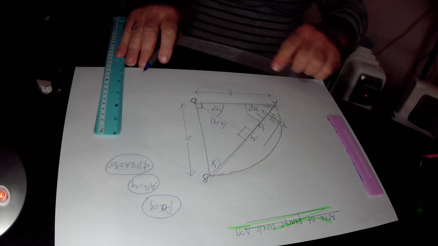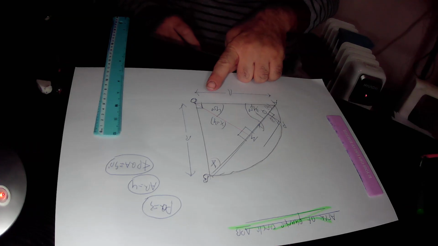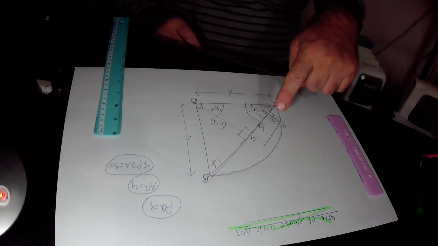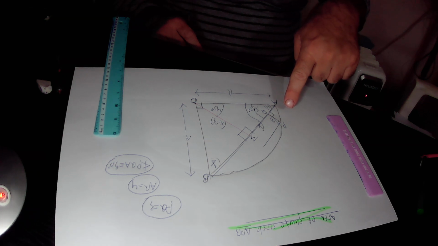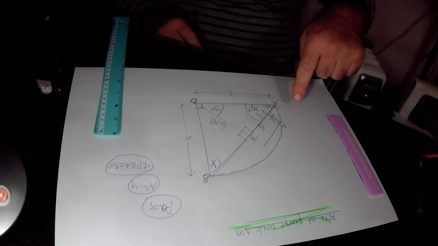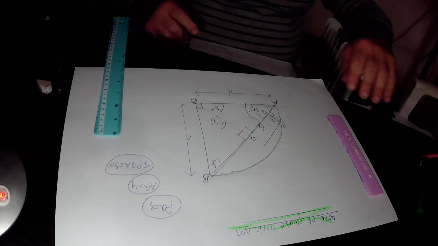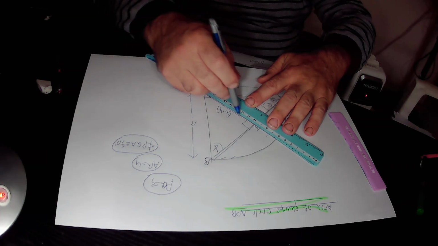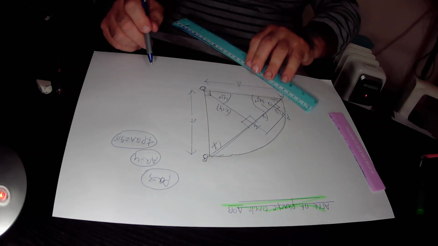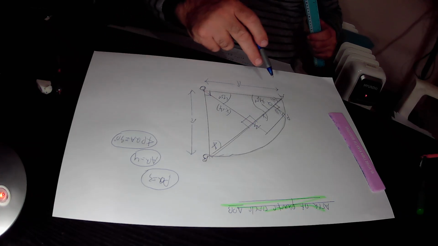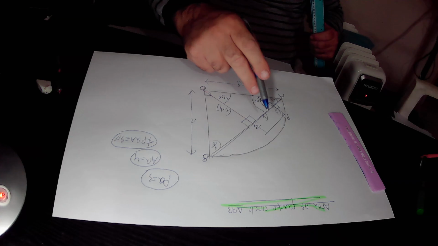In the next step, we will extend the perpendicular OM by a straight line until it touches the extended perpendicular from point P. We define the touching point as point N.